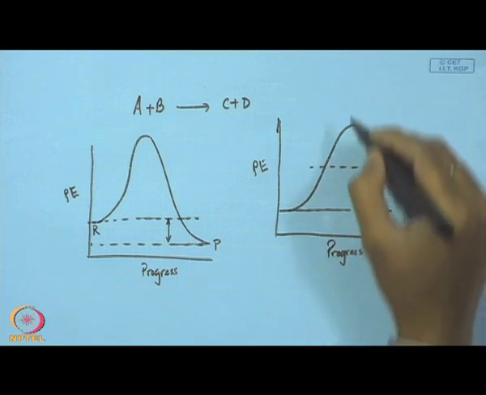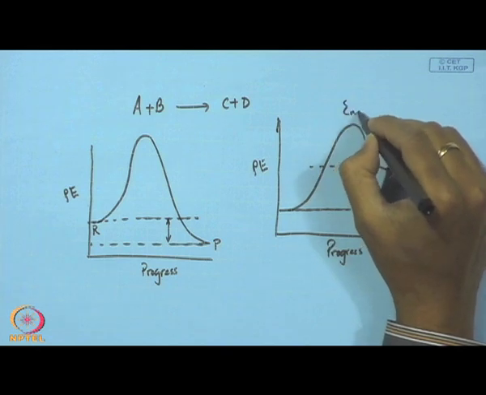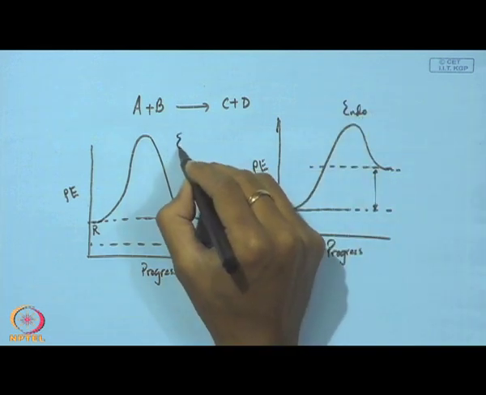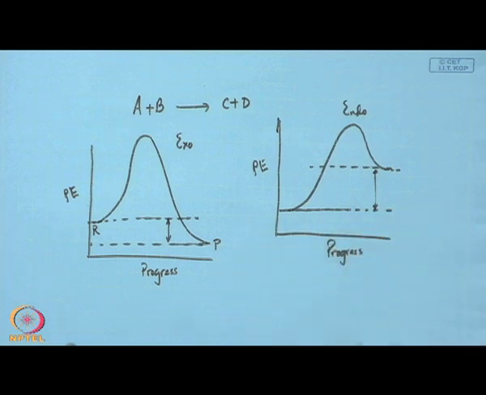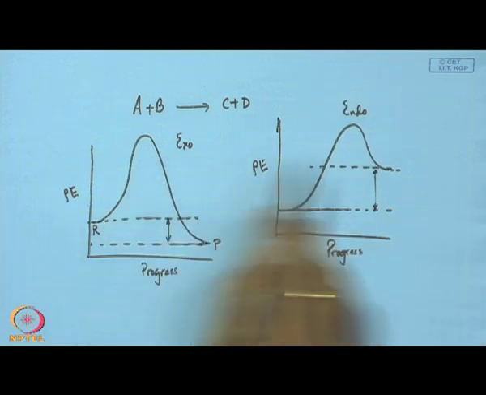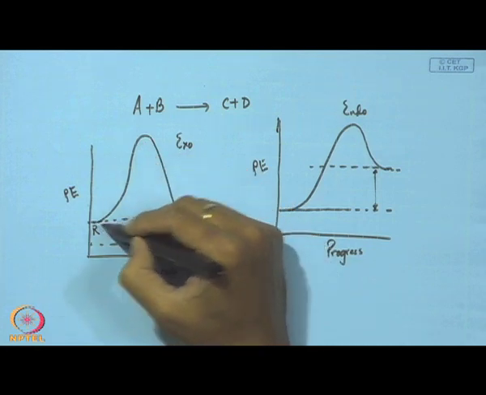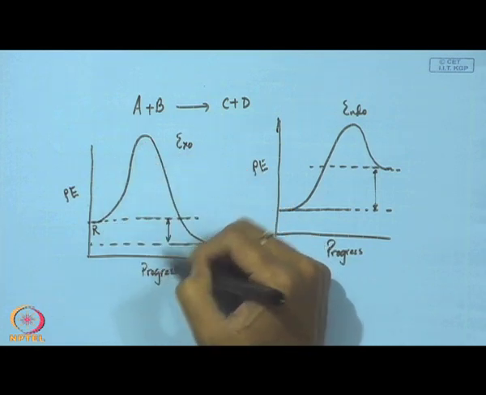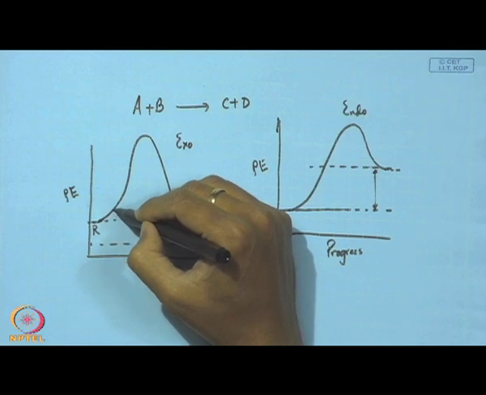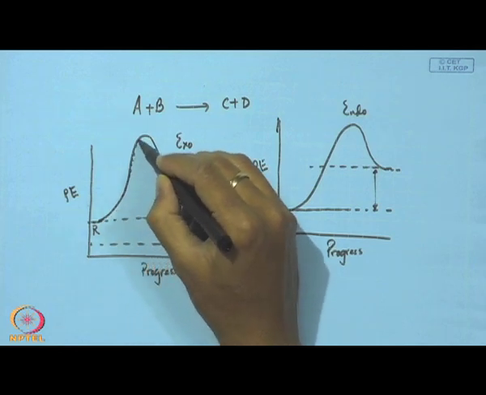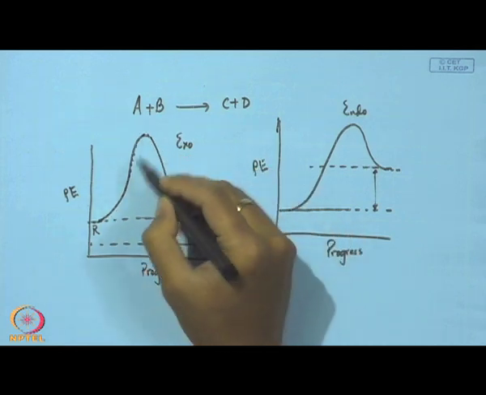So, this is an endothermic one and this is an exothermic one, and in both the cases I have drawn a diagram where, as the reaction progresses, the energy rises up, then it reaches the top and then again it falls down.